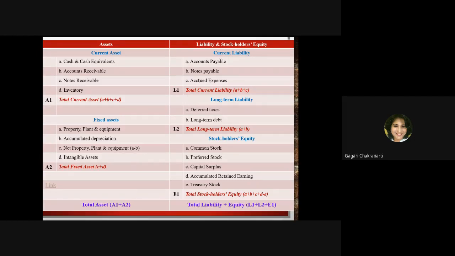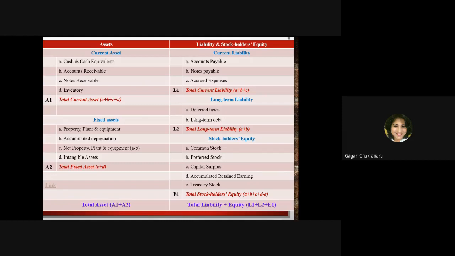Accrued expenses are the expenses that the company is going to meet, or has already met, but against which the bills or invoices are yet to be generated. In that way, it is different from the accounts payable. But of course that is current liability. So the sum of these three will give us the total current liability.